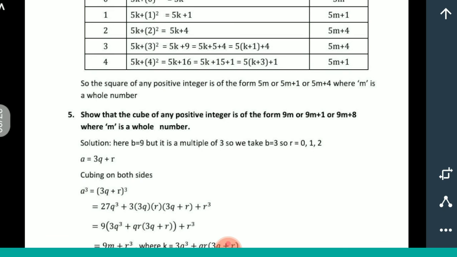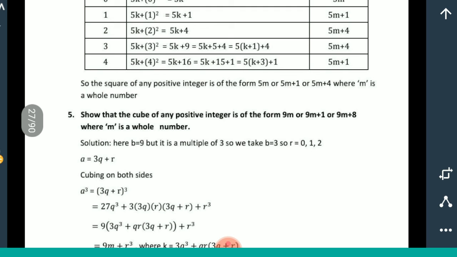So cubing on both sides, a cube is equal to 3q plus r whole cube. That is in the form of a plus b whole cube. What is the a plus b whole cube formula? a cube plus 3ab into a plus b plus b cube. Otherwise we can write the lengthy formula also, but here we are taking 3ab into a plus b. So in place of a we write 3q and b is r.